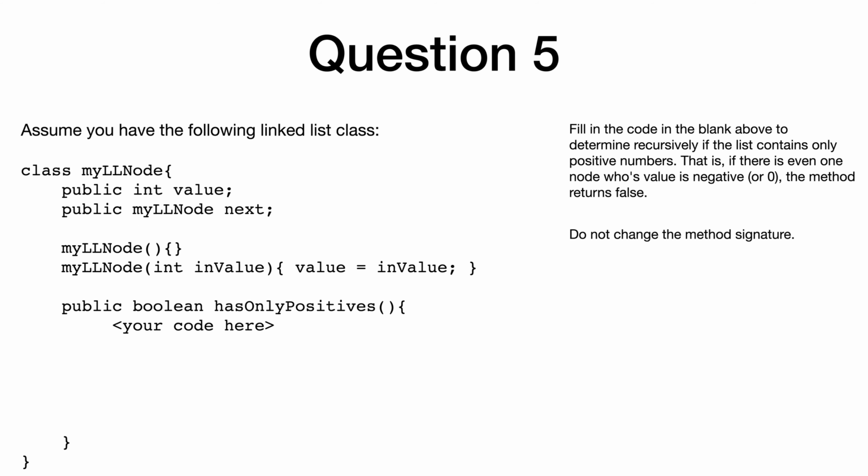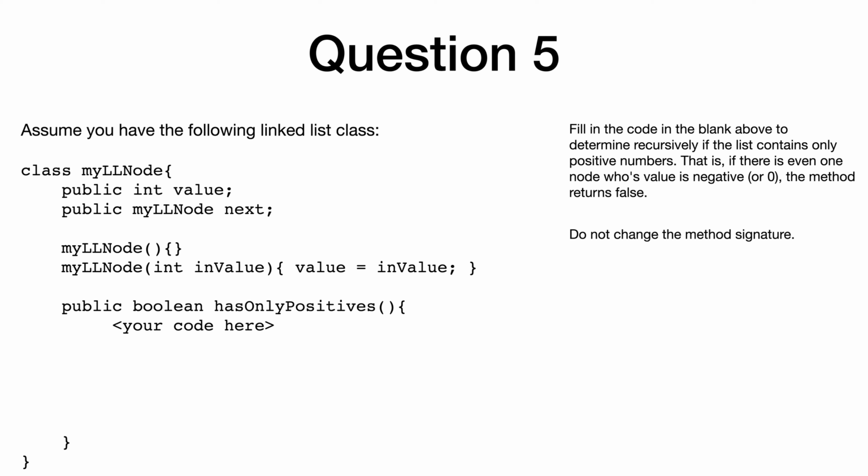So finally, question 5. We're assuming we have this linked list class, and we want to fill in the code for this recursive method that we have down here. I gave you the constructors just so you can see them, but you don't really need to know that. You really only need to know that your pointer is called next, and your data is called value.